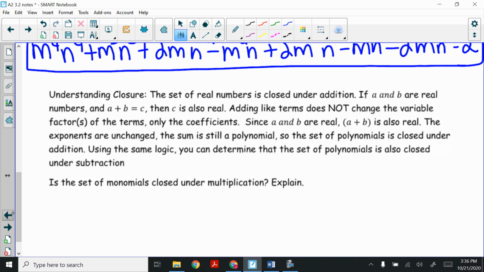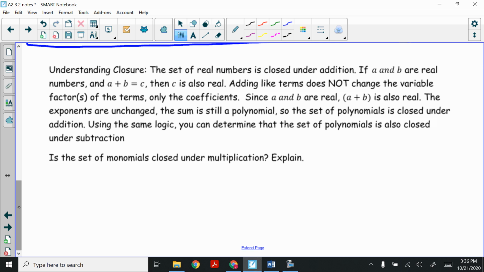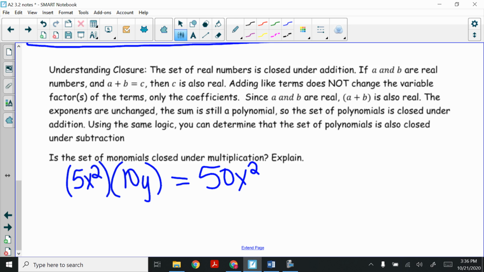So then the next question asks, is the set of monomials closed under multiplication? And explain. Okay, so will two monomials that I multiply together give me a monomial back? So let's just try it out. Let's take two monomials. So a monomial is just one term, right? So I could say 5x squared, that's a monomial, times, let's say 10y. I multiply those two together, I would get 50x squared y.